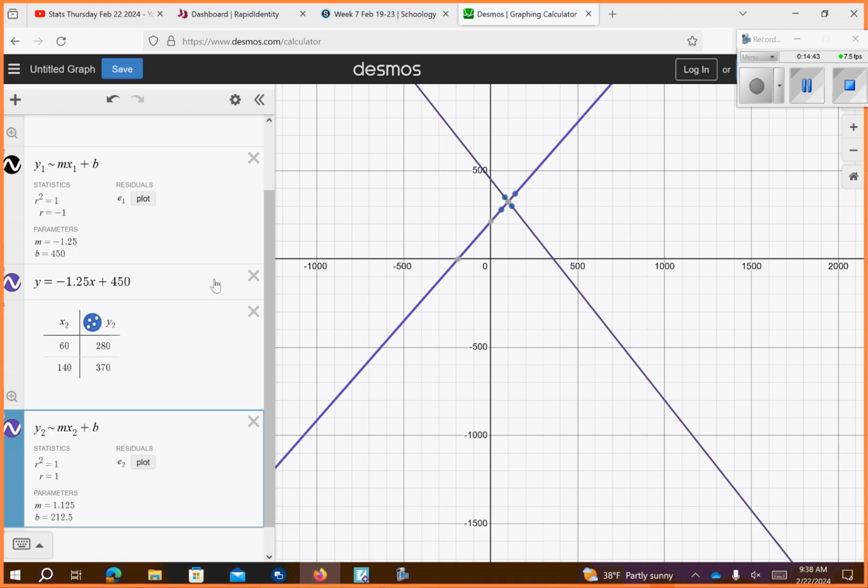So our break-even point is at 100 widgets, he sells 325. So those would be your 2 equations. So y equals negative 1.25 x plus 450, and y equals 1.125 x plus 212.5. All right, so I think you guys can handle doing 6, 7, 9, and 10, being we just did 8 together.